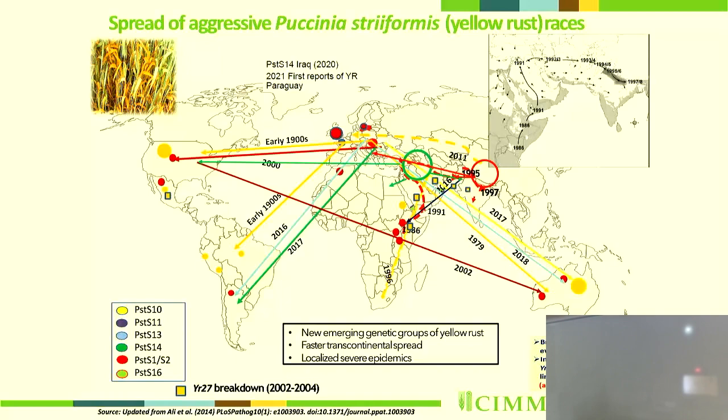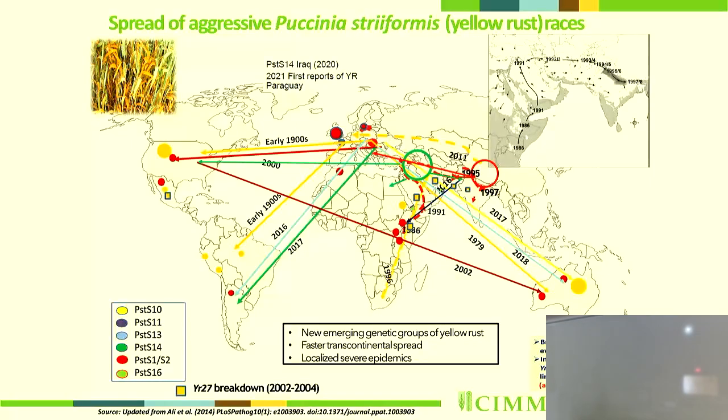And it's not only the US, Australia or Europe. If you remember Sylvia's talk yesterday, in South America, in Uruguay, there was no stripe rust before 2017. But after Argentina experienced the epidemics, Uruguay also got incursions of stripe rust. All of this shows you that migration is only a matter of time.